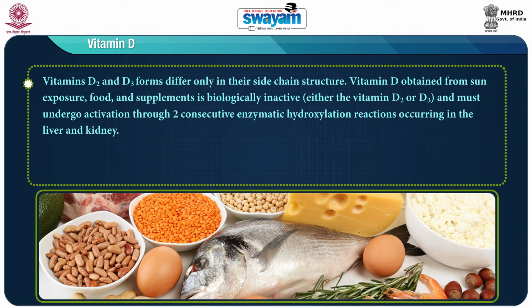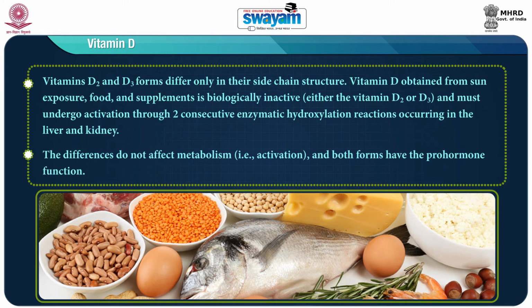Vitamin D obtained from sun exposure, food and supplements, either vitamin D2 or D3, is biologically inactive and must undergo activation through two consecutive enzymatic hydroxylation reactions occurring in the liver and kidney. The differences do not affect the metabolism, that is activation, and both forms have the pro-hormone function.